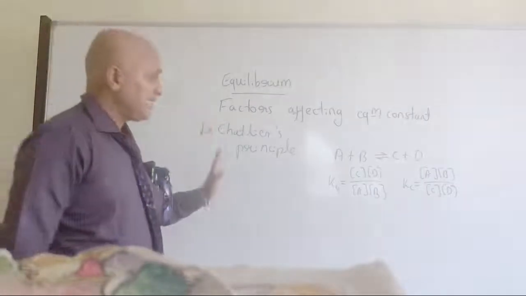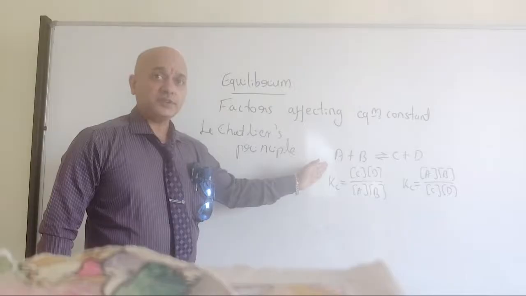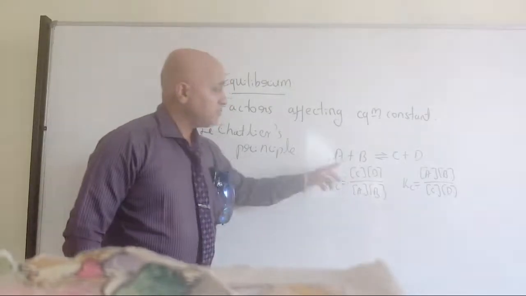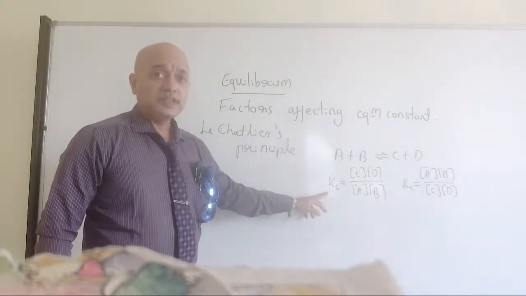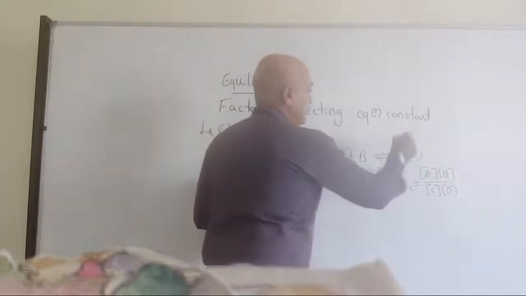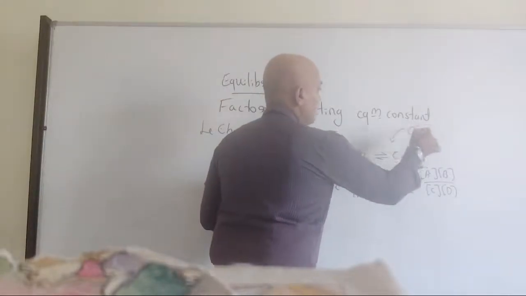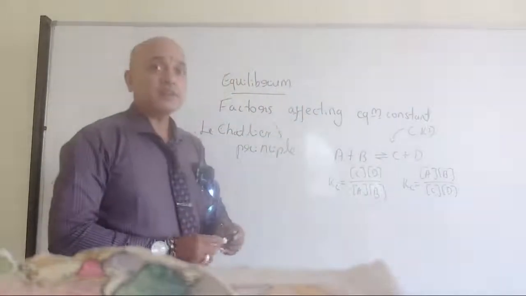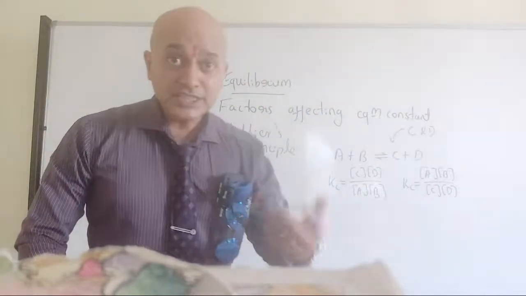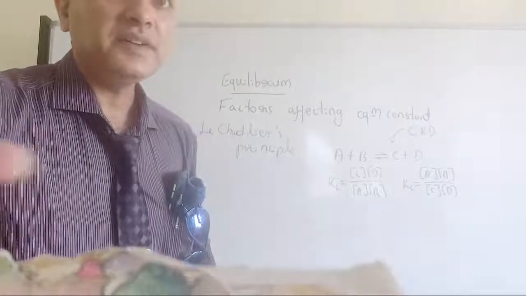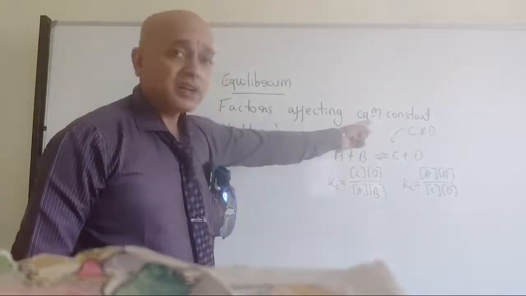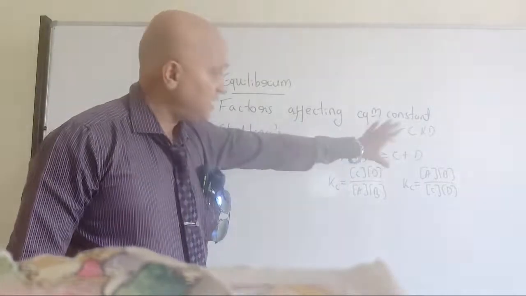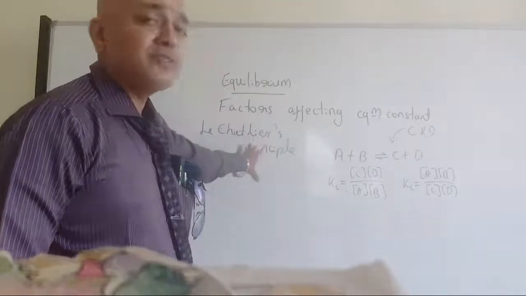For example, I have a reaction, and this was the equilibrium value we have got. Now we have added from outside some more amount of C and D. So now what will happen? The reaction will readjust itself in such a way that it will compensate for the extra C and D we have added. So it will shift towards the backward direction.